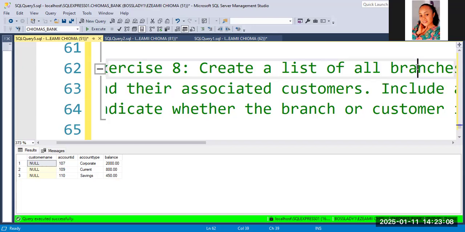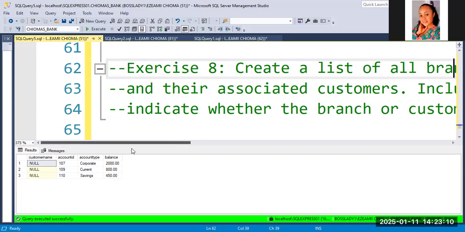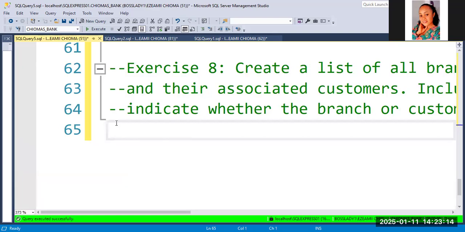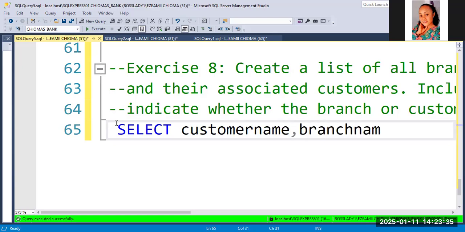Then we need a branch table. We need a customer table. These are the two tables we actually need to solve this, all right? So let's solve this. Let's select customer name, branch name.